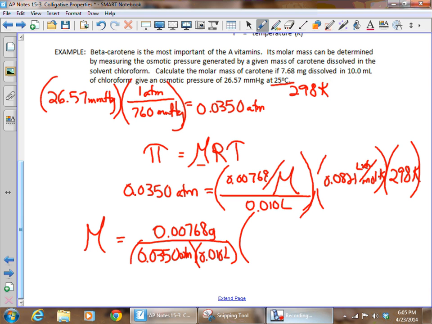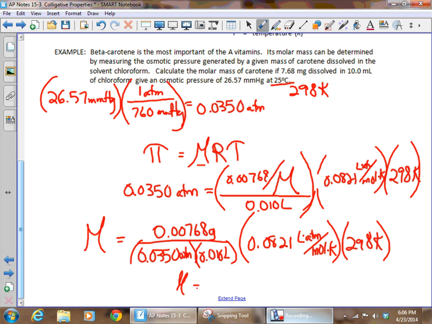And that's going to be multiplied by the 0.0821, what I often call liter atmospheres per mole Kelvin for short, times the 298 kelvins, which gives us a molar mass then of 537 grams per mole. And those are the colligative properties.